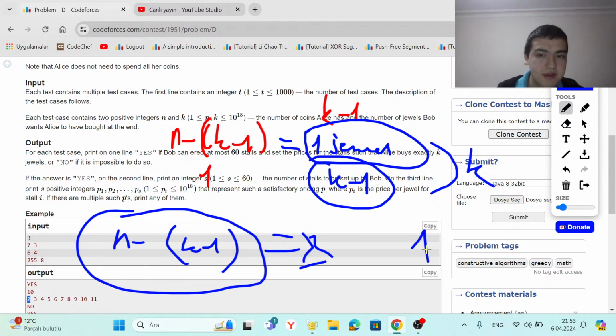And whatever we have put, we cannot buy exactly k jewelries, so the answer should be no.